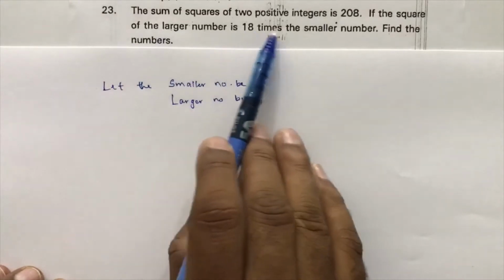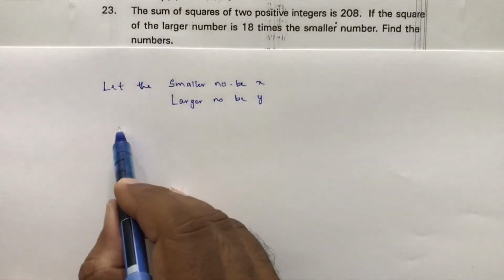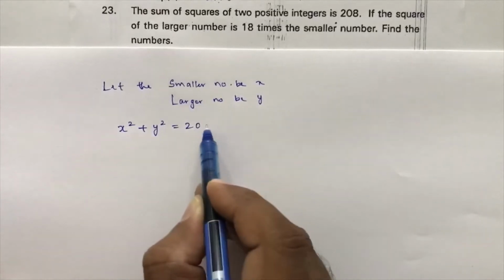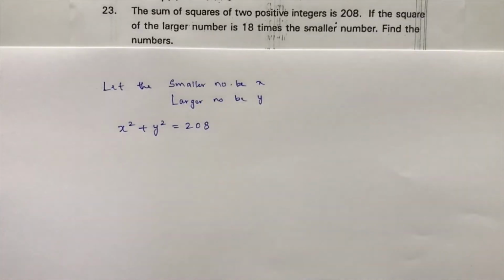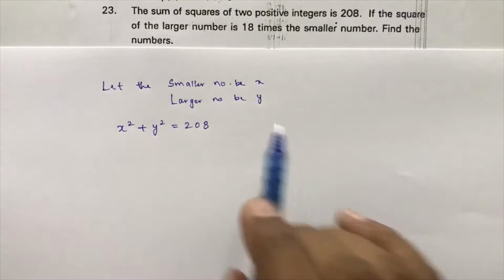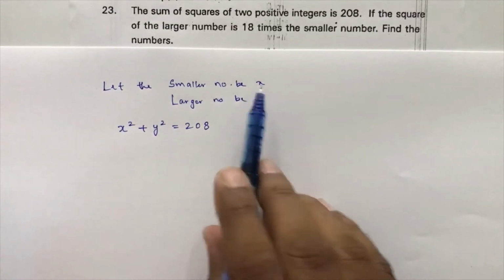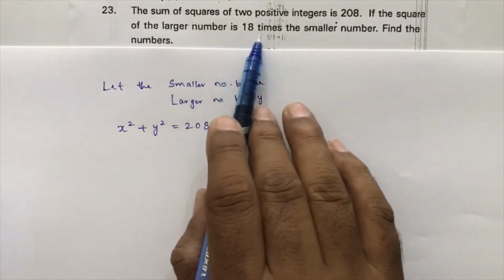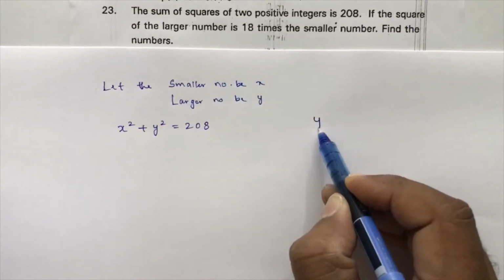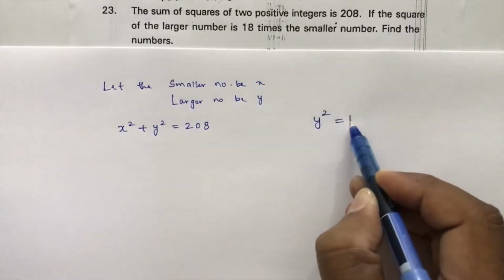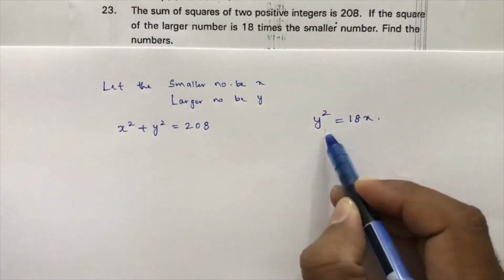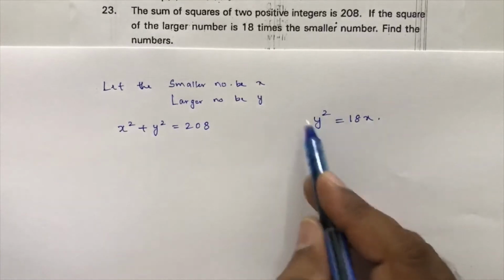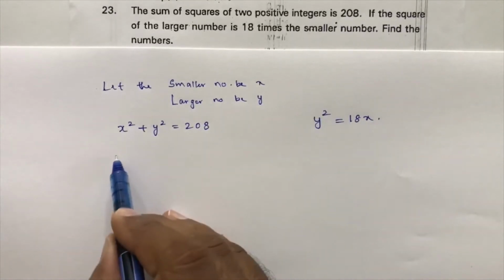Sum of the squares of two integers: x square plus y square is 208. Another condition is that the square of the larger is 18 times the smaller. From these two equations, I will substitute the y square value in this.